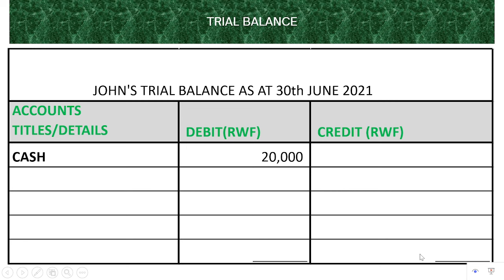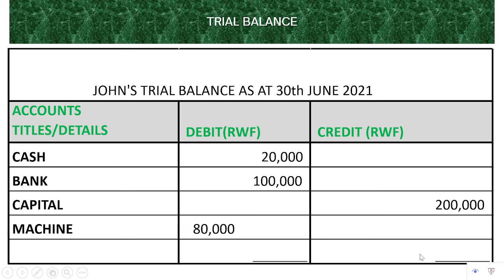For the cash, we got 20,000. Now for the bank, we got 100,000. For the capital, we got a credit balance of 200. For the machine, we have a debit balance of 80. Then the total comes to 200 on debit and 200 on credit.